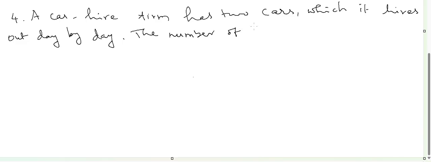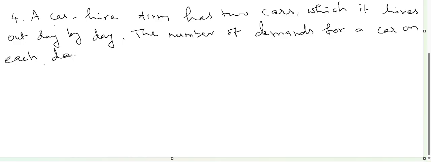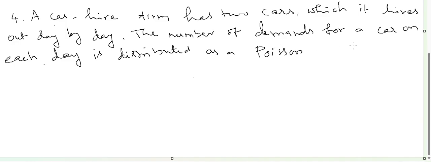The number of demands for a car on each day is distributed as a Poisson distribution with a mean 1.5. In this problem the mean is given directly.